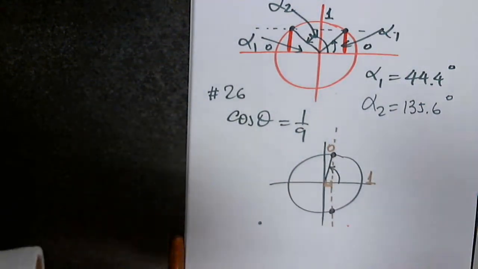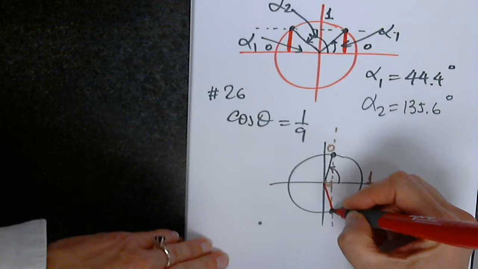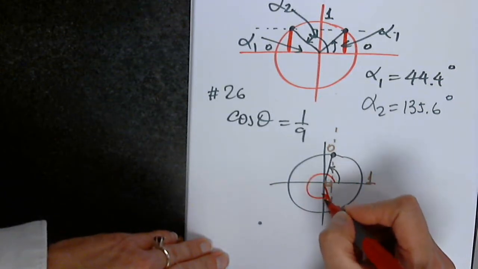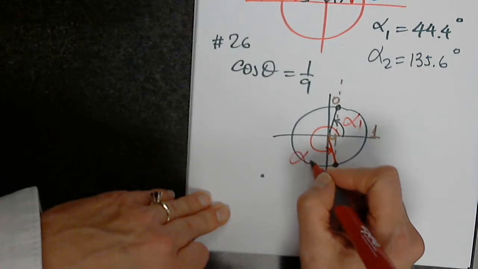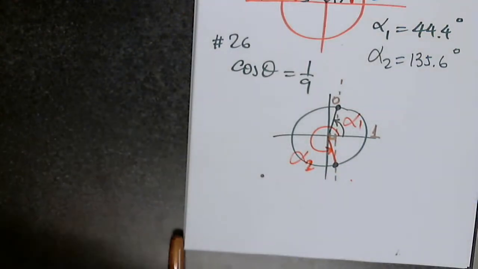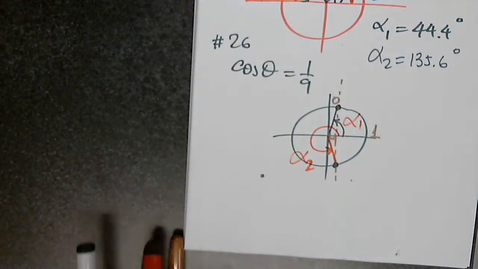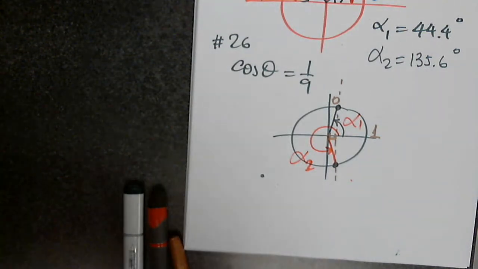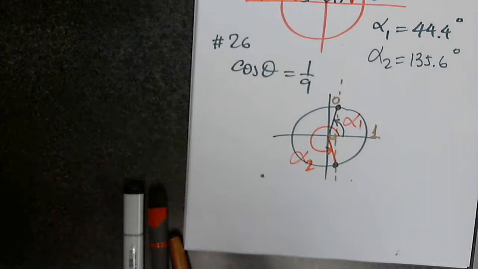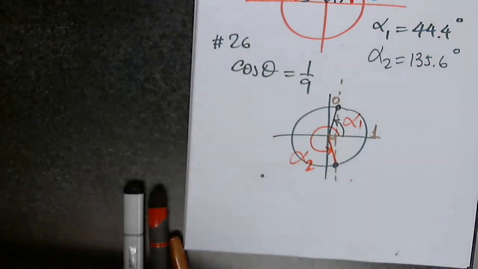But I need it later. So this is our alpha 1 and this is our alpha 2. Although alpha 2 is not in the domain and I will not consider it as an answer to this problem. Okay, perfect. So then how do I find alpha 1?